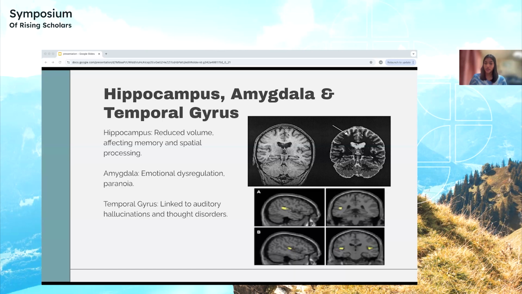The temporal gyrus is the brain's auditory and social decoder, and it's crucial for processing speech, recognizing voices, and interpreting tone. In schizophrenia, structural abnormalities may contribute to auditory hallucinations, which are kind of the hallmark of schizophrenia. This is because internal thoughts are mistaken as external voices.